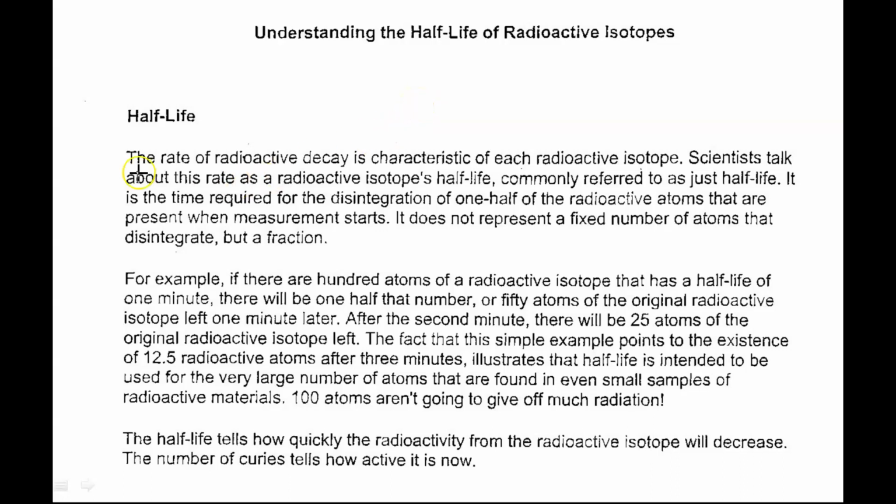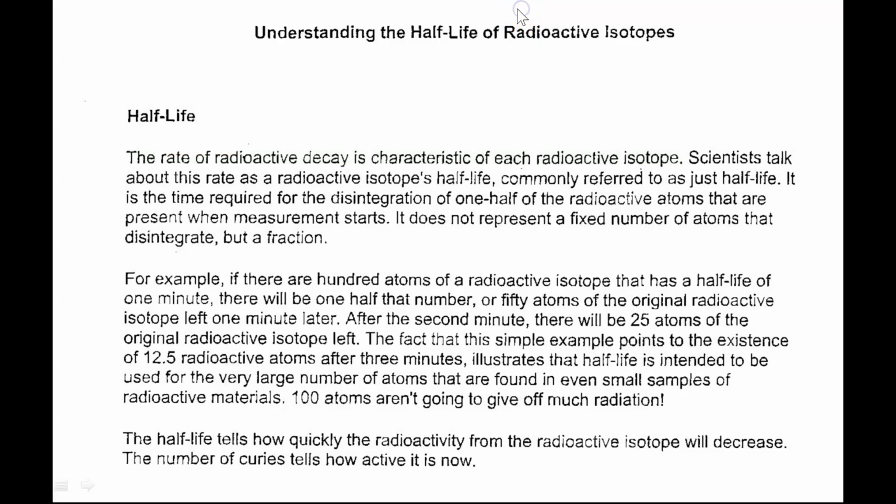All right, so the rate of radioactive decay is a characteristic of each radioactive isotope. So each radioactive isotope will have a different radioactive half-life. Okay, does it make sense? So now let's continue reading here.